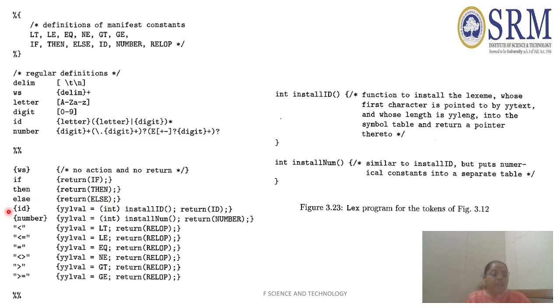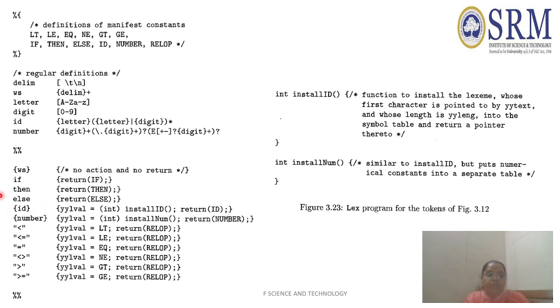And if any identifier is found, then the identifier has to be kept in the symbol table. How will it be kept in the symbol table? Along with the token name, its attribute will be kept in the symbol table, for which an install ID function will be invoked, and it returns a number that will be placed in yylval.